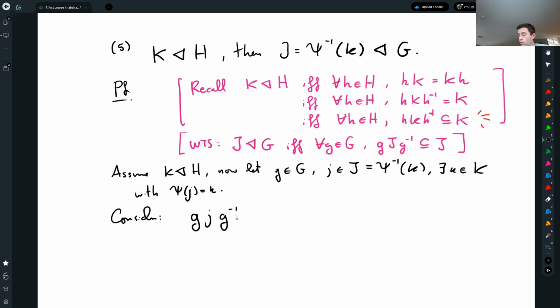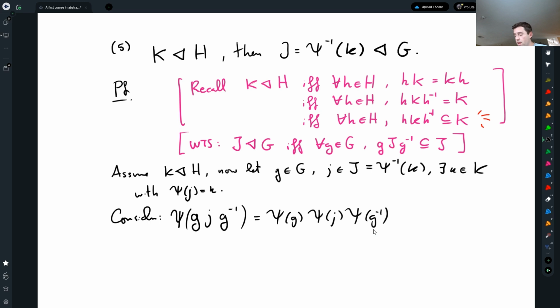So for an arbitrary j and for an arbitrary g, this has to be another element of J. You will be in J if you map down to K when you use psi. So I'm going to send this via psi and see what I get. By the properties of homomorphism, I can break this as psi of g, psi of j, psi of g inverse.